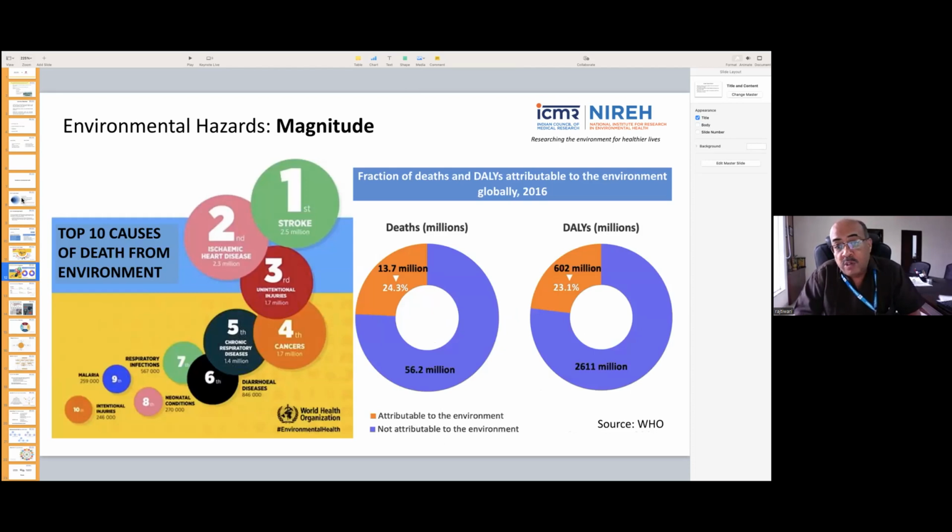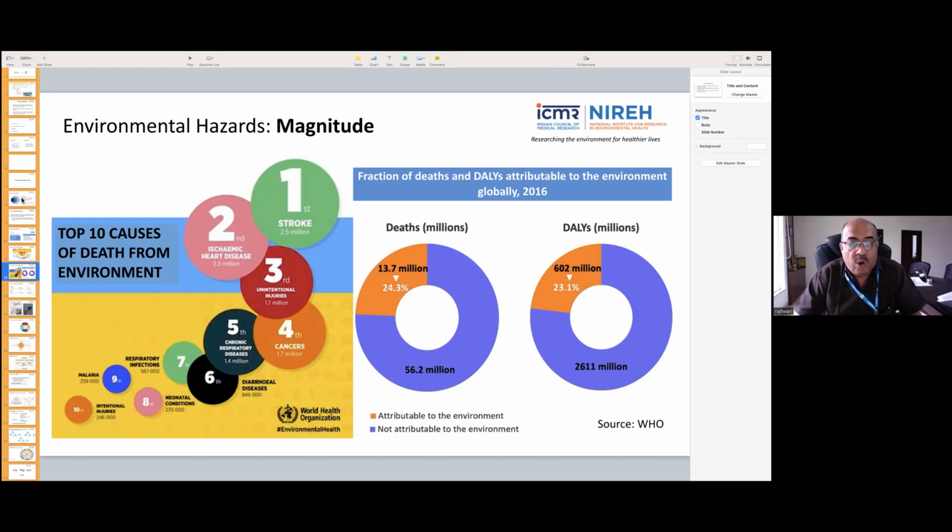The magnitude is also important. So if we see the top 10 causes which have an environmental component, these are the 10 causes, be it stroke, IHD, unintentional injuries, cancers, respiratory conditions, diarrheal diseases, respiratory infections, intentional injuries. So all these have some or other component of environment.